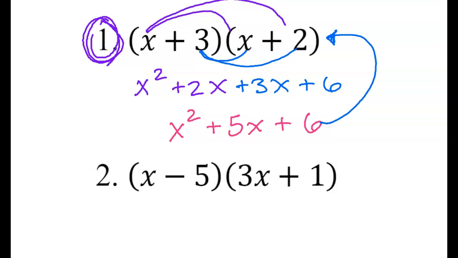Notice here that 2 and 3 multiplied to give you 6, but also added to give you that middle b. So what we're going to be doing is thinking of two numbers that multiply to give us the c term, but also add to give us the b.